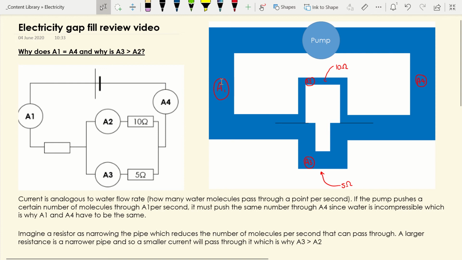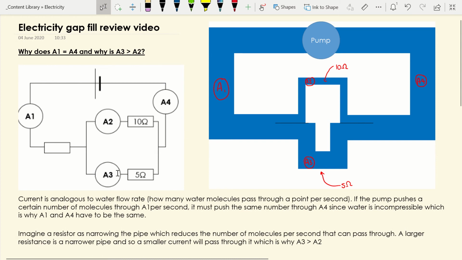So A1 is going to have to be equal to A4, because if, let's say, 5 water molecules per second go through A1, 5 would have to go through A4 because water is incompressible. You can't make water molecules move closer together, so we can't move them through A1 and not through A4. We need the whole system to move at the same time. So if 5 go through here per second, 5 must go through here per second. That's why A1 and A4 are the same.